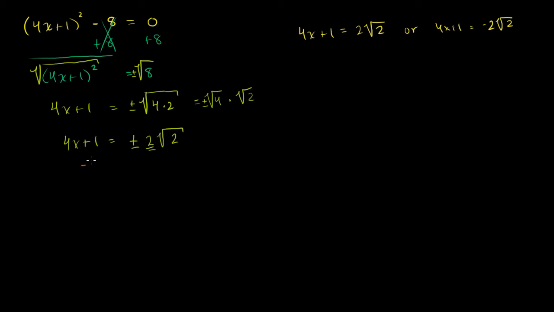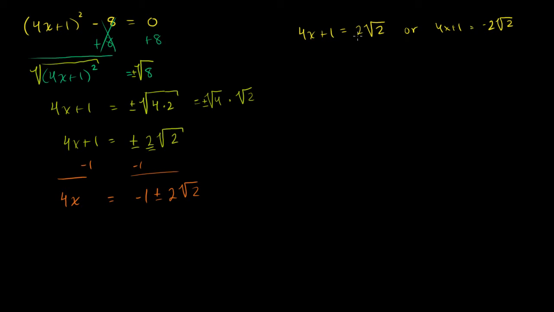So if I subtract 1 from both sides of this equation, what do I have? On the left-hand side, I'm just left with 4x. On the right-hand side, you could evaluate them if you had a calculator, but I'll just leave it as negative 1 plus or minus 2 times the square root of 2. That's what 4x is equal to. If we did it here as two separate equations, same idea.